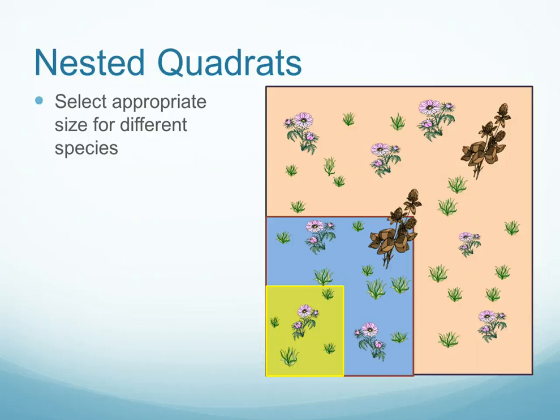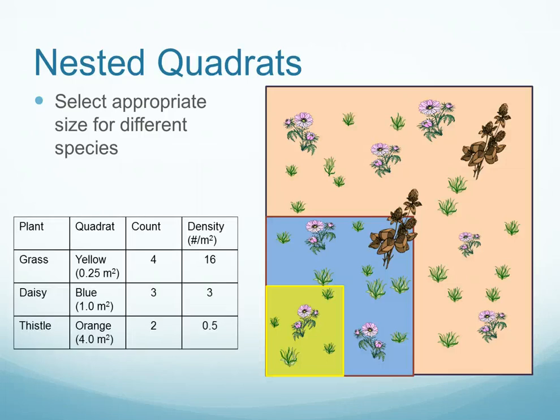Now, you may say, well, what if we have plants that we're interested in that have different sizes, different types of distribution? We're still interested in all of those plants. In that case, we would use nested quadrats, and we would select the appropriate size quadrat for different species. In this example, there's the grass plants.